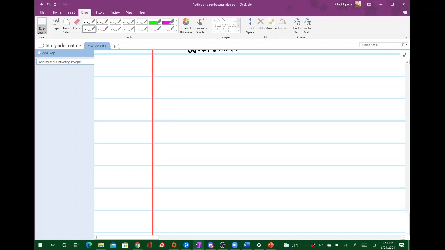So for example, I write the number negative 41. Let me actually color code this, so like negative 41. This is what we call the negative symbol.